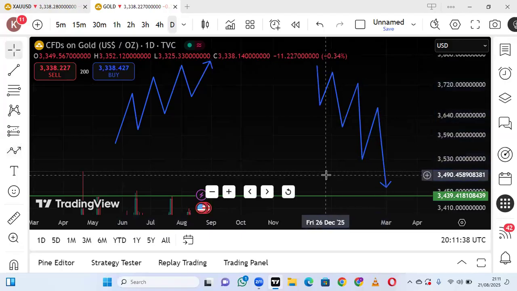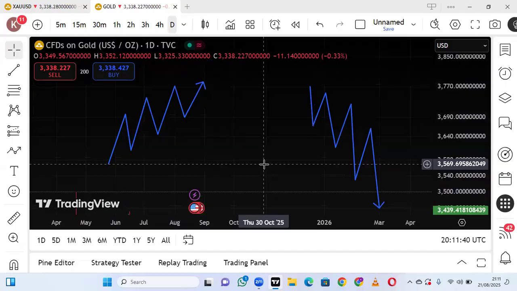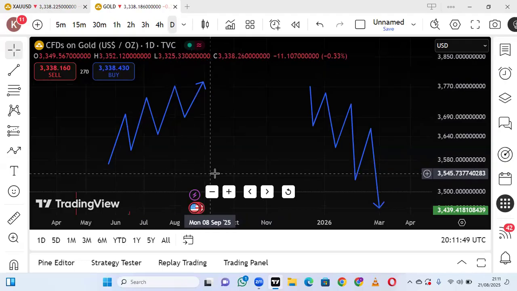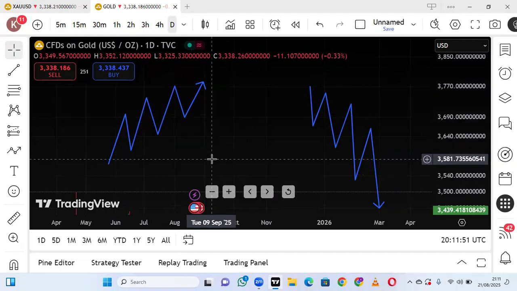That's good. So if you understand market structure, just like our last class, you understand that the market does not move in straight form.